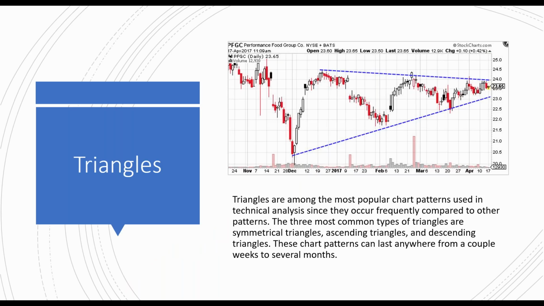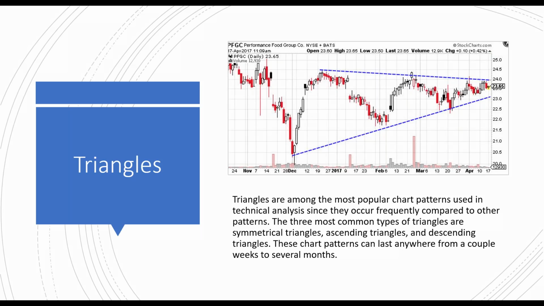Now, triangles are a very common pattern, but when they develop, chartists look for some very important things. So we have symmetrical triangles, ascending triangles, and descending triangles. Triangles are very popular, and they occur very often.